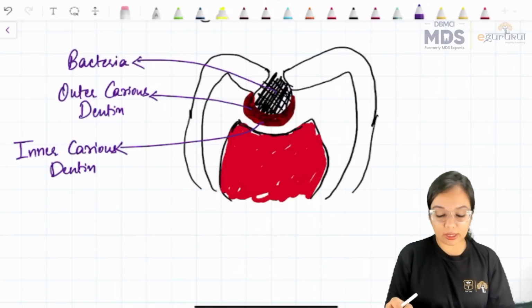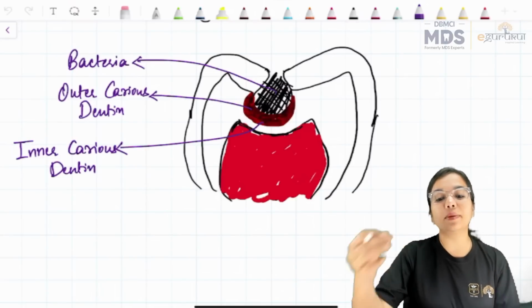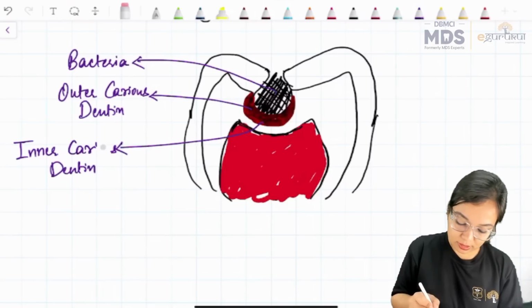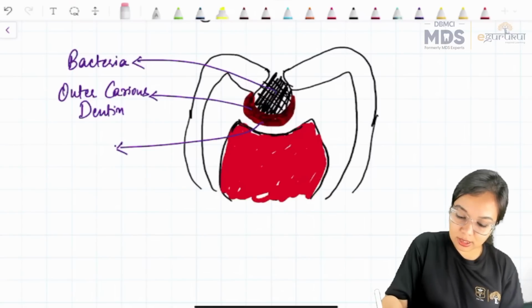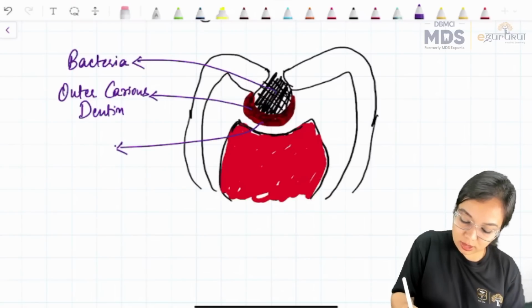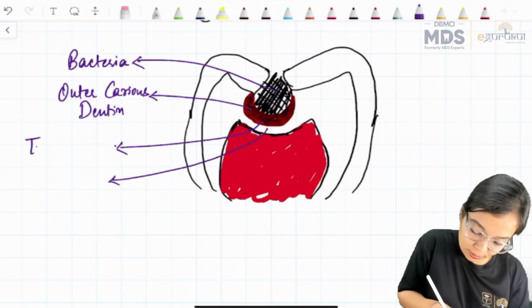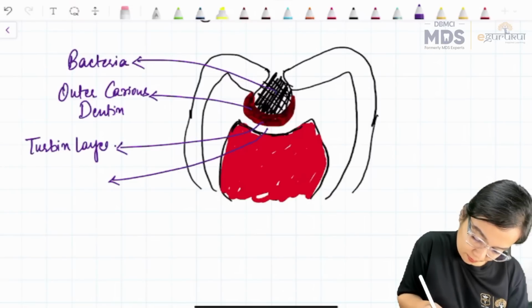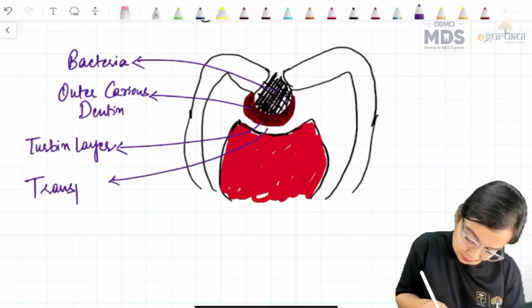In the inner carious dentine, we have two layers, a turbid layer and a transparent layer. Let's understand it this way: in the inner carious dentine, we have two layers, this one and this one. This is called the turbid layer and this is called the transparent layer.